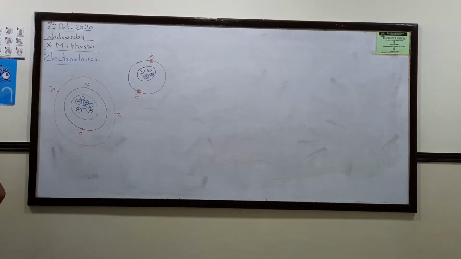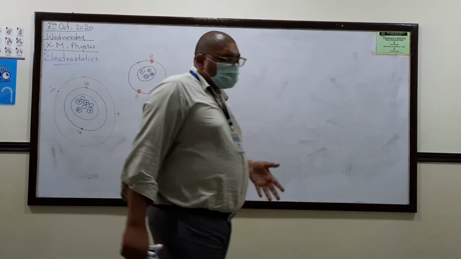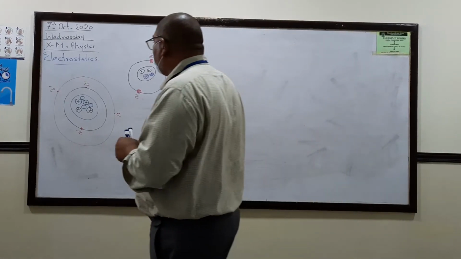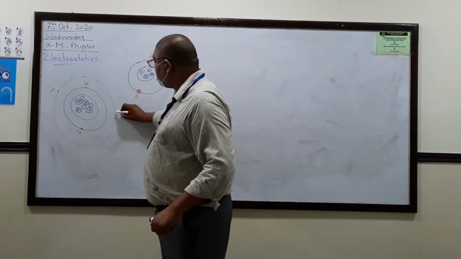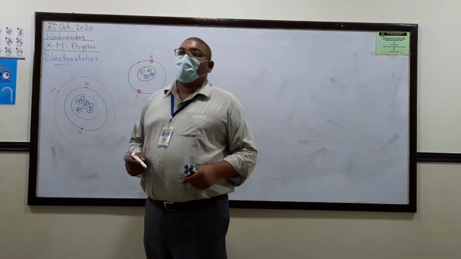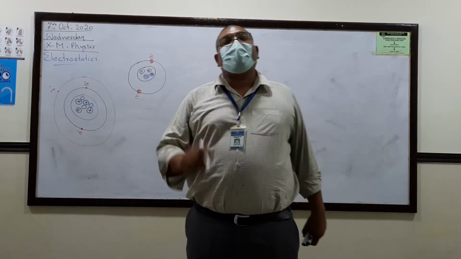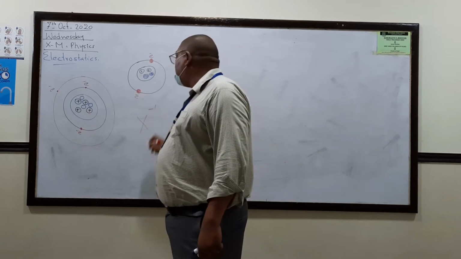So it's neutral. But by some force or by some attraction, if I take this electron out, look at this situation now. Now it has 4 protons and just 3 electrons. So now this atom will become a -1.